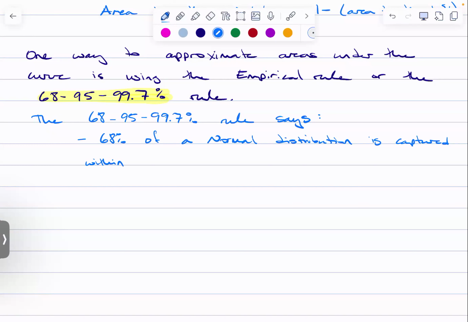And with that captured, you might be having flashbacks to confidence intervals. And yes, they are related, of course. And so 68% of the normal distribution is captured within one standard deviation of the mean. Or more simply, a Z of plus minus 1.